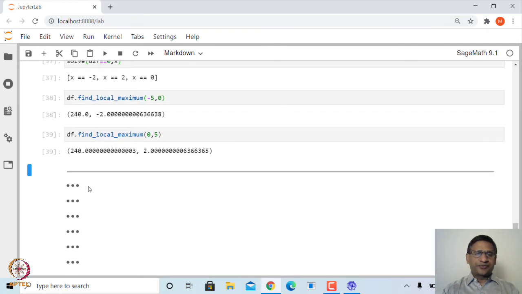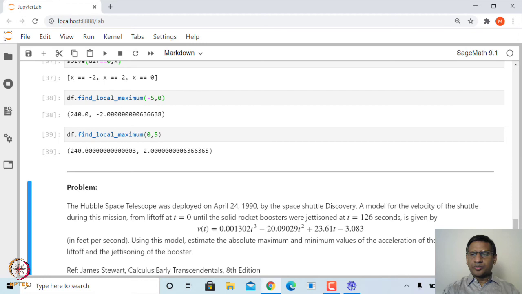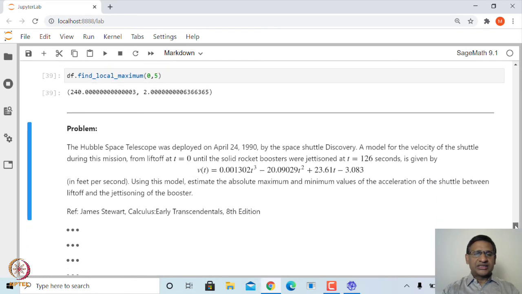Okay. So, let us look at one problem as an application. This problem is taken from James Stewart's book on calculus, Early Transcendentals, 8th edition, and the problem is as follows. The Hubble Space Telescope was deployed on April 24, 1990 by the Space Shuttle Discovery.